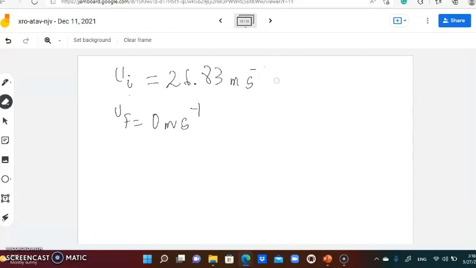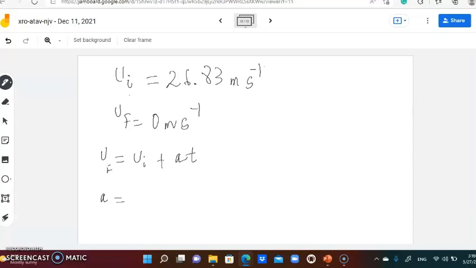This was the velocity of the object at 4 meters, so of course it has to be the initial and this is the final. I know that final velocity is equal to initial velocity plus acceleration times time.